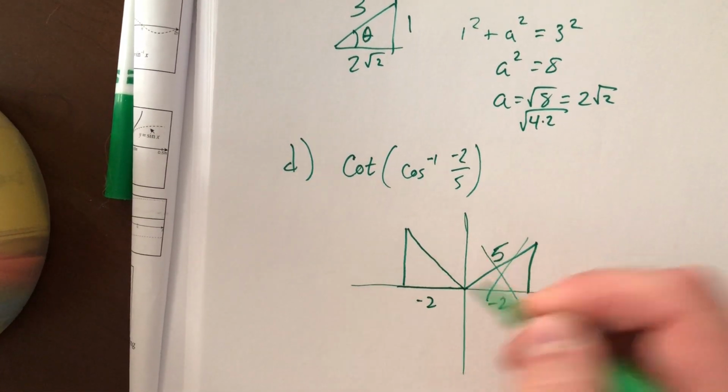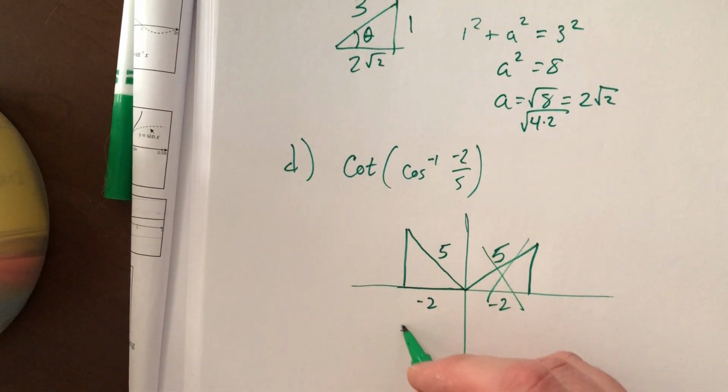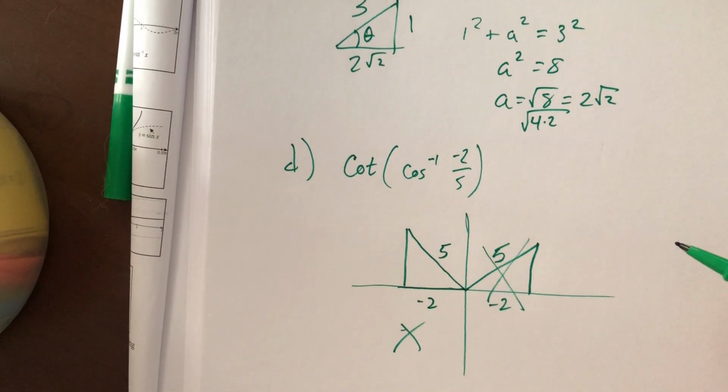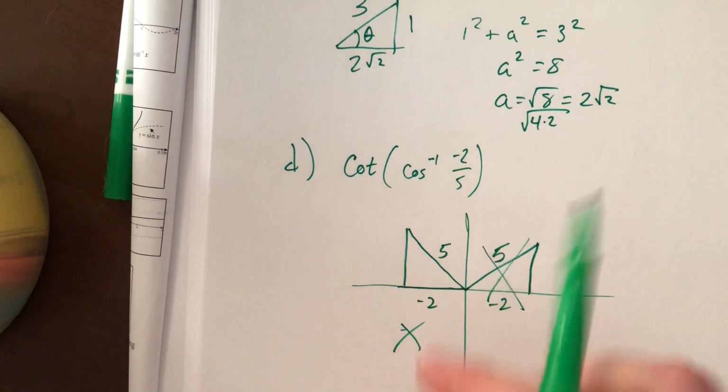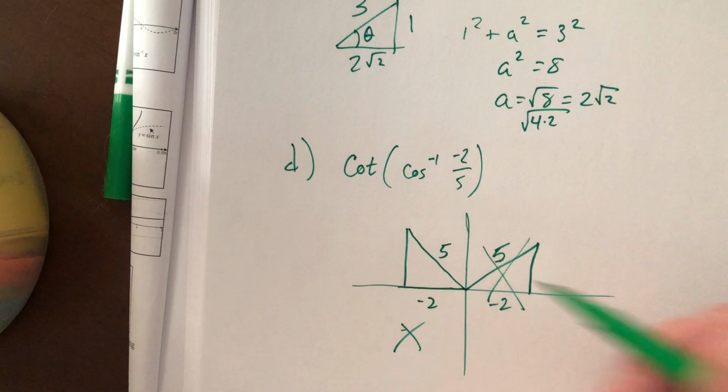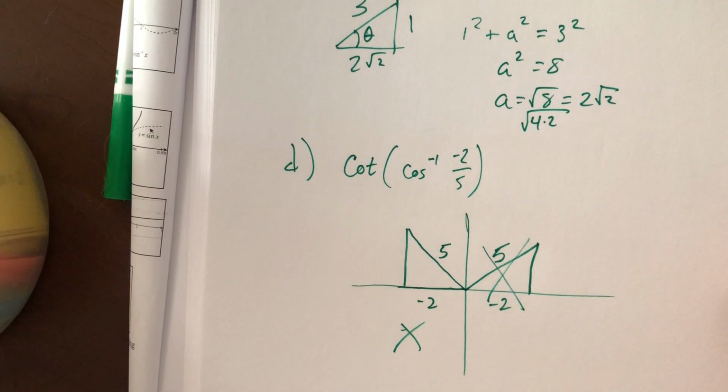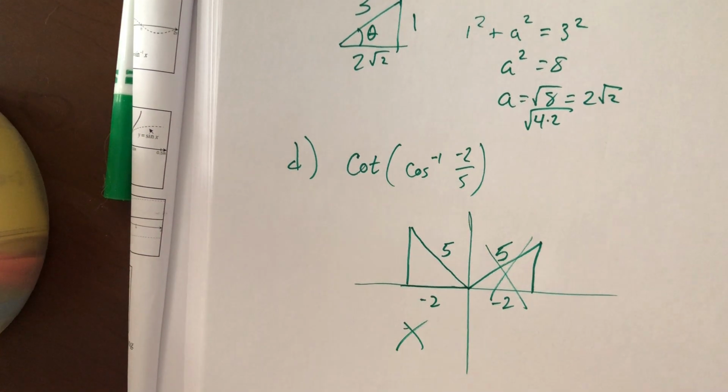And this is where we never go in the third quadrant. That's really one of the main ideas with inverse trig, is we avoid the third quadrant, because technically speaking, we could also go down here and there would be another possibility. But if we avoid the third quadrant with inverse trig, we'll always be fine.